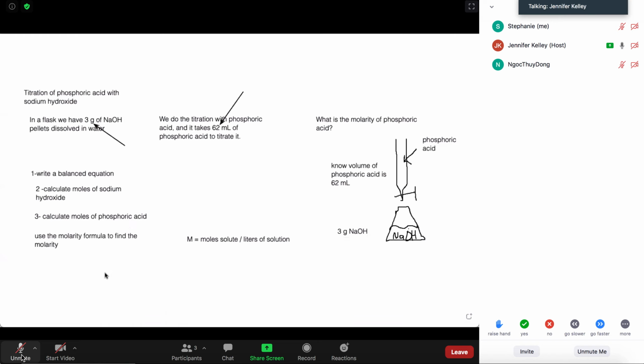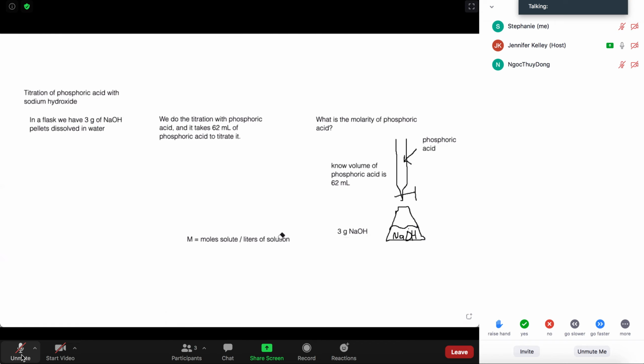So we'll go ahead and get started on this. The first thing we're going to do is write the balanced equation. So we've got sodium hydroxide. Well, we've got phosphoric acid. So to do phosphoric acid, we have to know that it's got phosphate in it. We have to know the charge on phosphate.